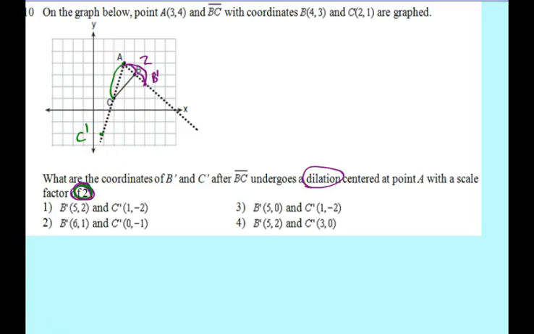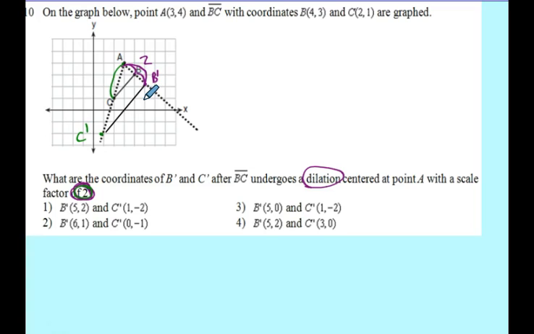If you wish to connect them, you can, but really your question is about finding coordinates of these 2 points. Connecting them just allows you to see or verify that one segment is twice the size of the other and that they're still parallel, because they have to be parallel segments after dilation.